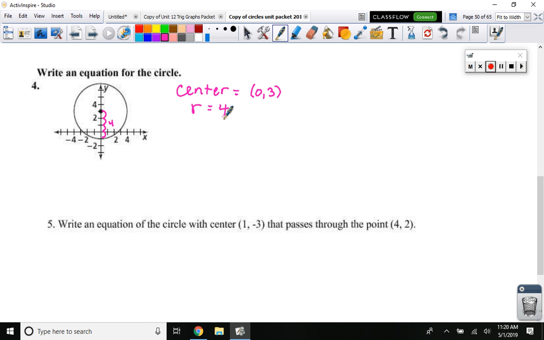All right, you wanna write the equation for me? Yep, and then simplify that for me.